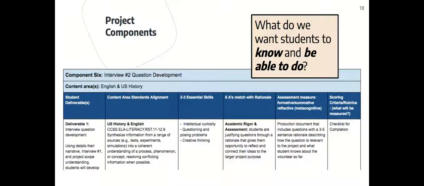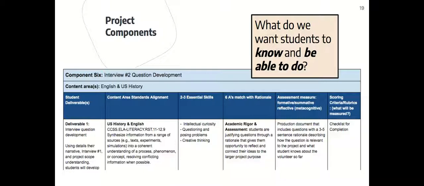There's a little bit of clarification about what that deliverable actually is. The next column is the content area standards. For history and English, we're wanting students to synthesize their learning based upon some initial information that they received and then some research that they did in order to be able to develop these interview questions.